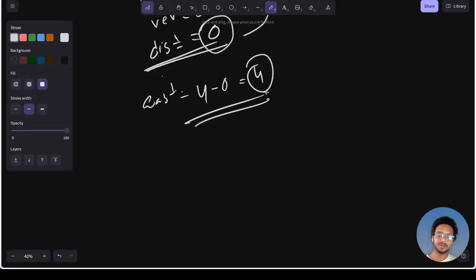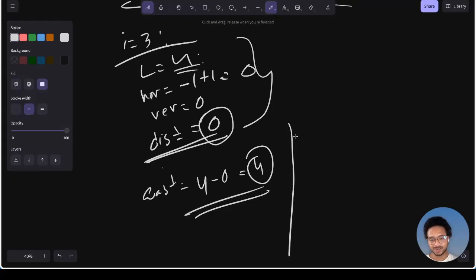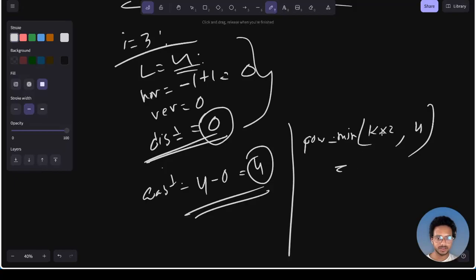Now I'll see what power I got. The power I got is the minimum of k into 2 or the wasting value, which is 4. So k into 2 is 6. Oh, I need only 4, so I will take the minimum value, 4, here.